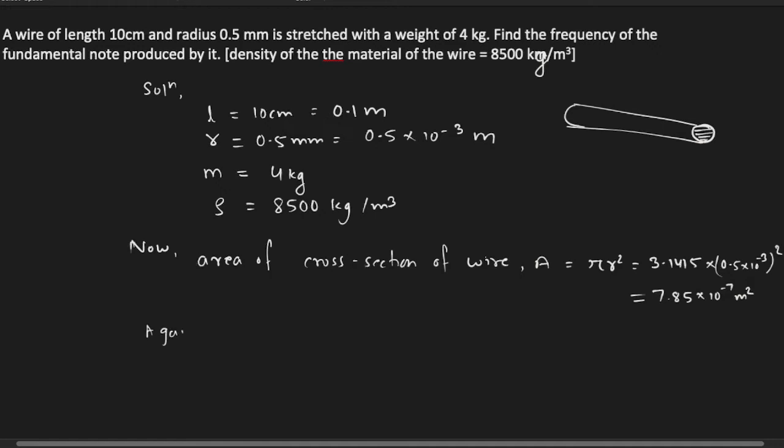And finally we get the formula for frequency of the fundamental note as 1 by 2L root T by mu. Mu is mass per unit length, but we cannot calculate the value of mu because the mass of the wire is not given.